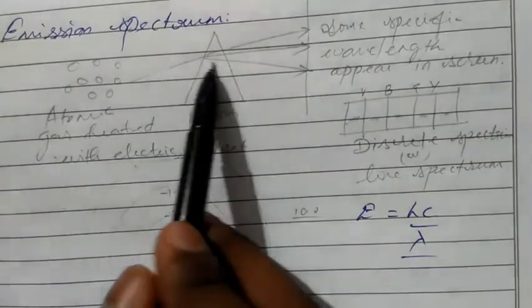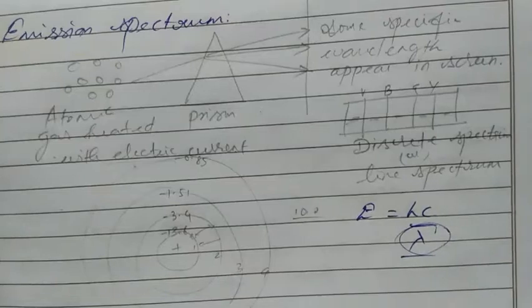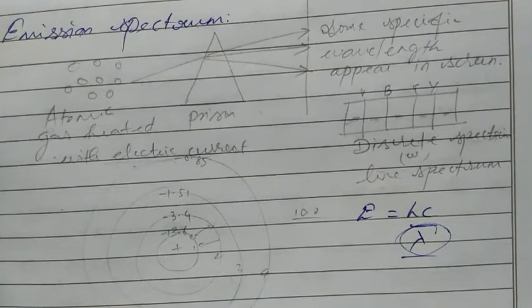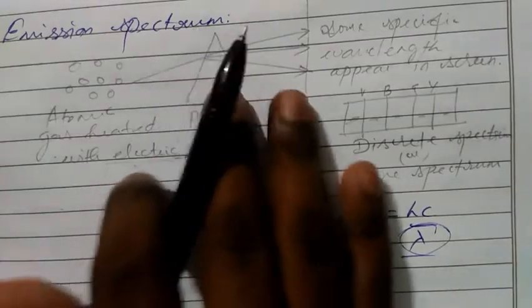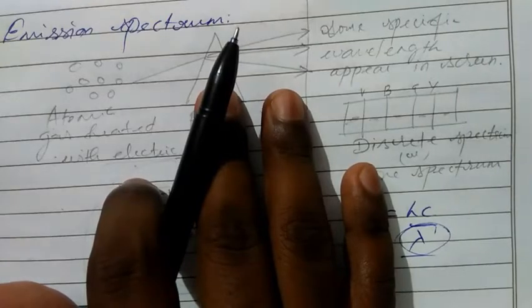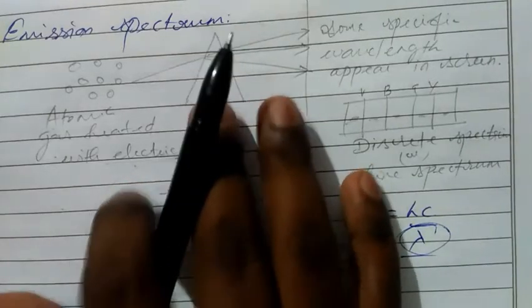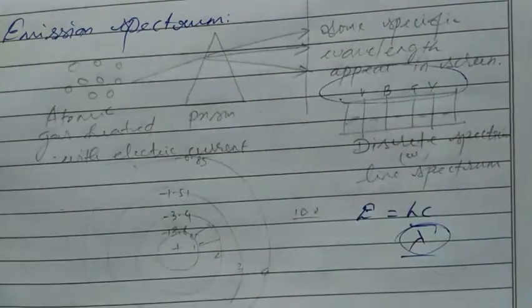Here energy is released in the form of wavelength, correct? Energy is also nothing but it has wavelength. So while exiting from one place to another place, this electron emits radiations which have some energy, which have some wavelength. That wavelength defines this color.